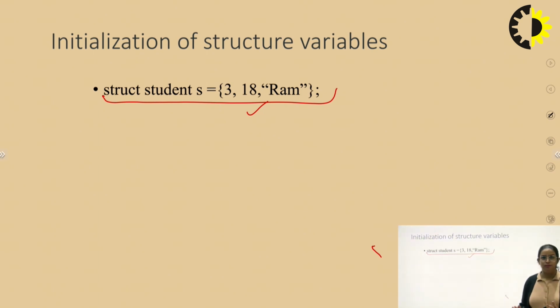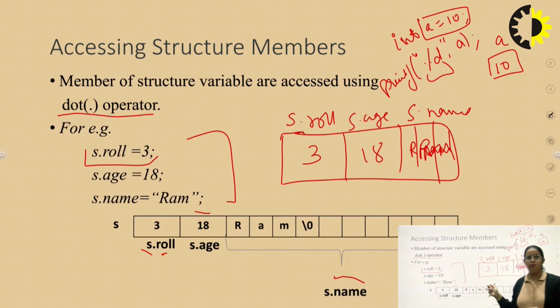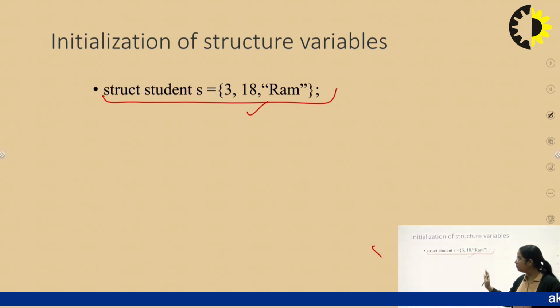So in the same way, structures also have compile time and runtime initialization. For compile time initialization, before compilation, we are just initializing the value. This is one way, and this is the second way: in a single statement, or you can initialize the values separately. But whenever you are initializing in a single statement, there is one rule.